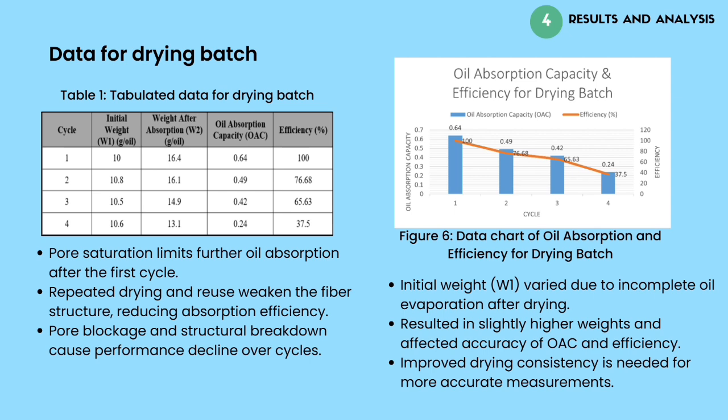This decline occurred due to pore blockage, fiber compaction, and structural degradation during reuse. This shows that while dried banana peels can absorb oil, their efficiency drops significantly with repeated use.